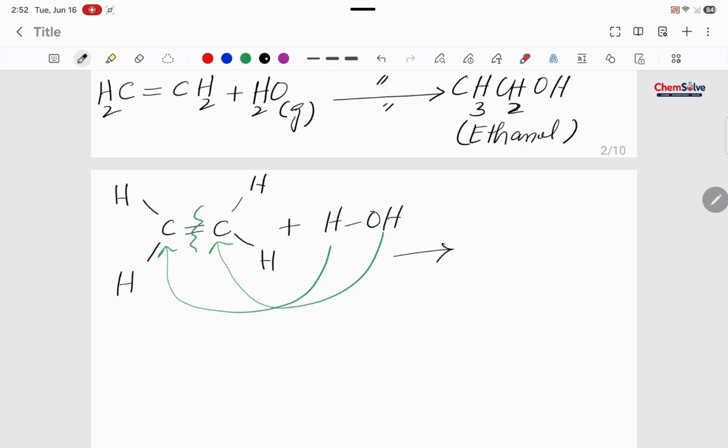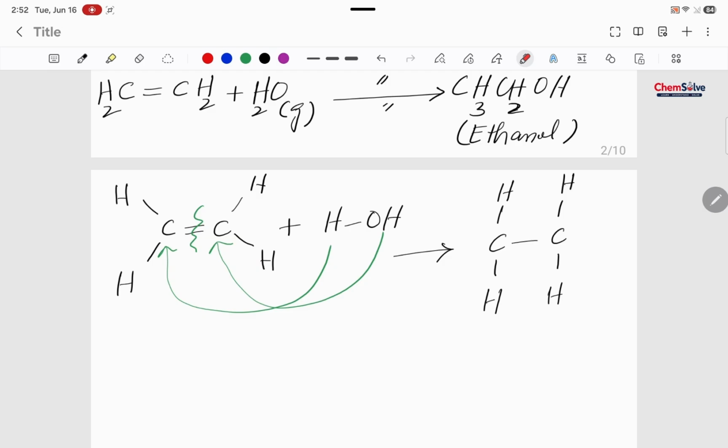So resultantly, what we will get: this is one carbon, this is one hydrogen, again the second hydrogen, double bond is being changed into single bond, the third hydrogen and the fourth hydrogen. These are the hydrogens which are already present in alkene.